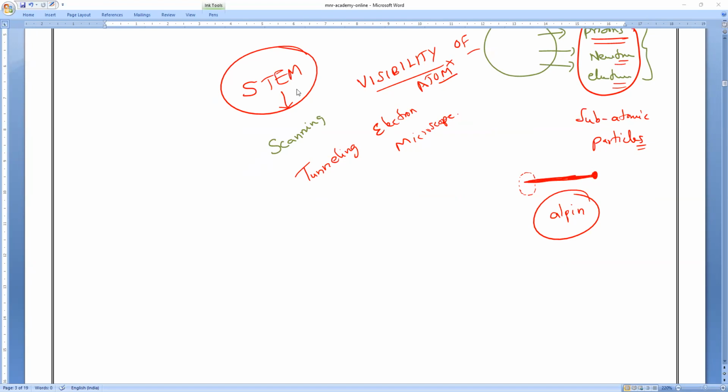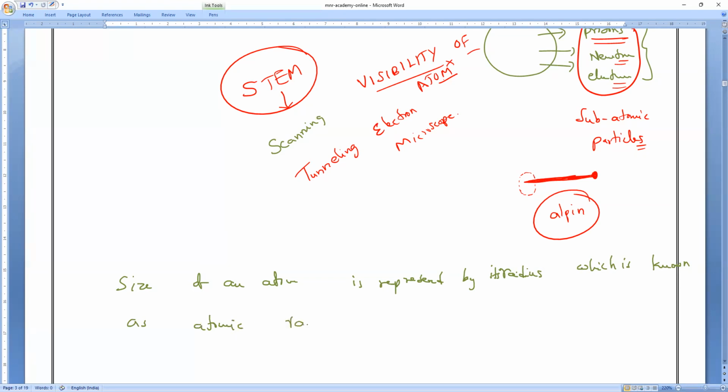So that is what we represent. The size of an atom is represented by its radius, which is known as atomic radius.